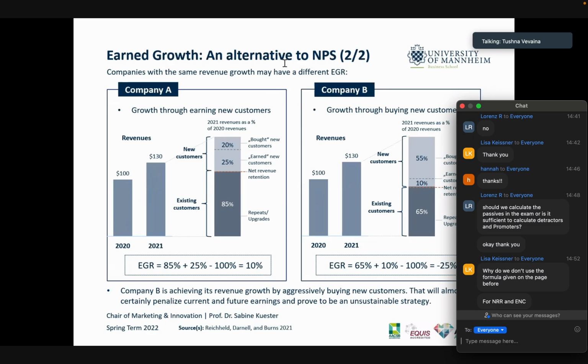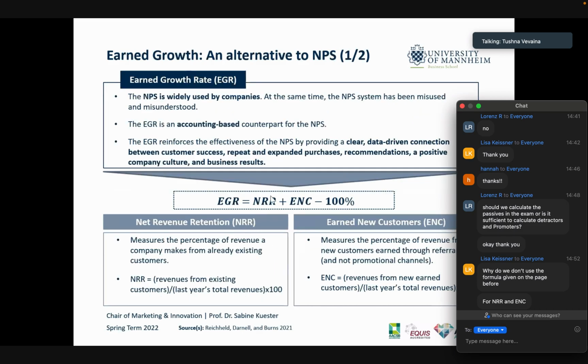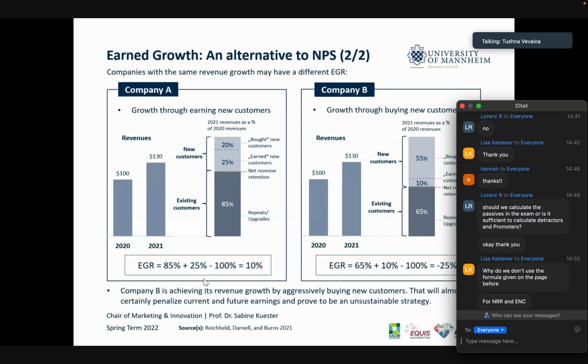Why don't we use the formula given here? We use this. We are saying that your NRR and your ENC. NRR is your net repeated customer revenue, which is 85%, because you have this as repeats and upgrades. So you're not asked here to find it out, it's given directly, and you're using the NRR over here.